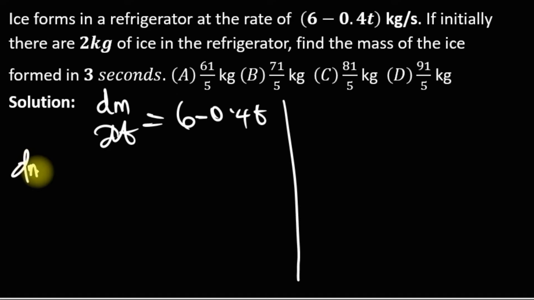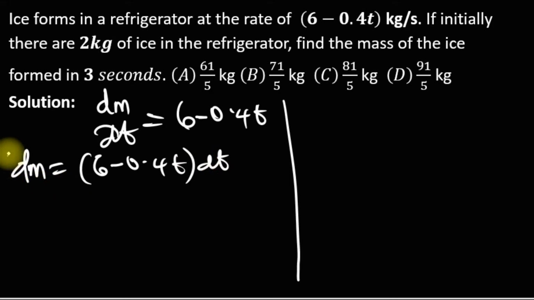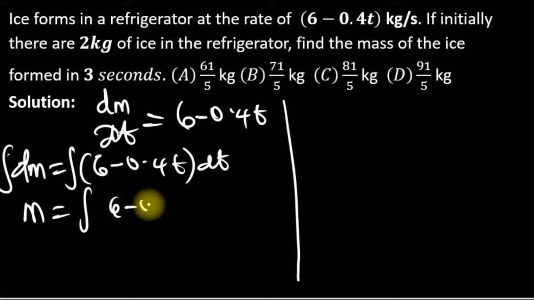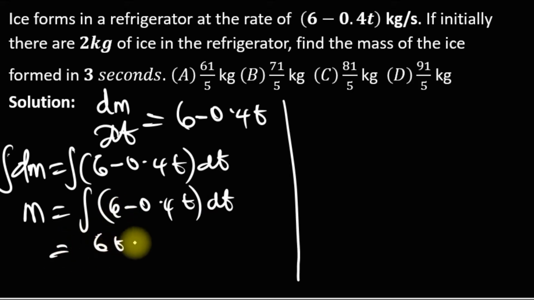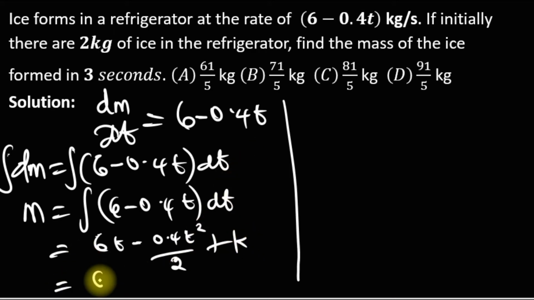We cross multiply: dm is now (6 minus 0.4t) dt. Introducing the integral sign to both sides, m is the integral of (6 minus 0.4t) dt. So we integrate: 6t minus 0.4t squared over 2 plus a constant. So we have 6t minus 0.2t squared plus k.